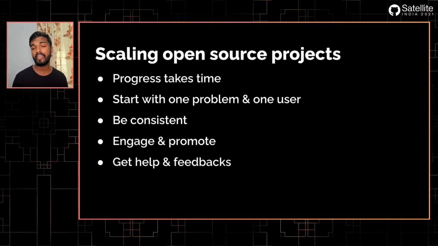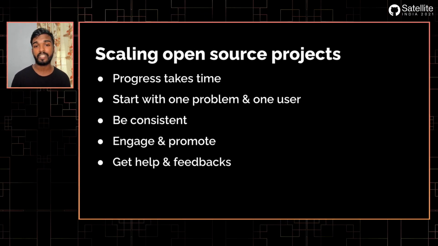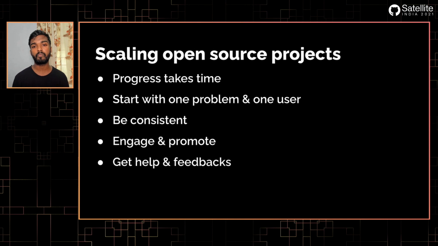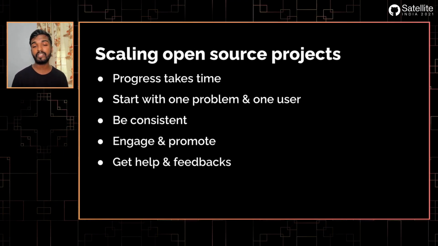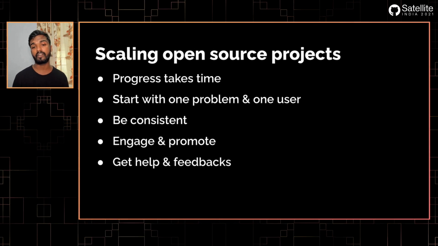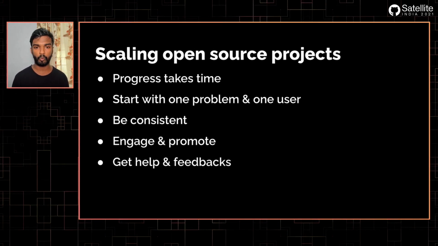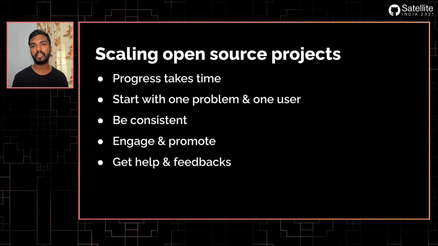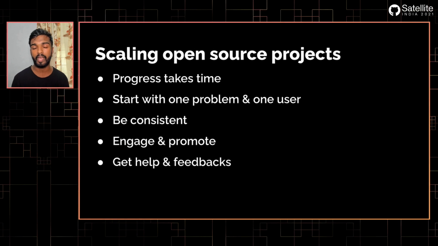So the mindset is very important: progress is a gradual process. And the second thing I am really keen on is that I always try to solve a single problem faced by myself. This is the very reason I started the project Hoppscotch. I was facing a problem: there were no API testing tools that worked for the web platform.